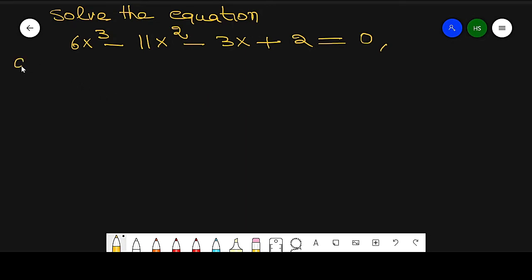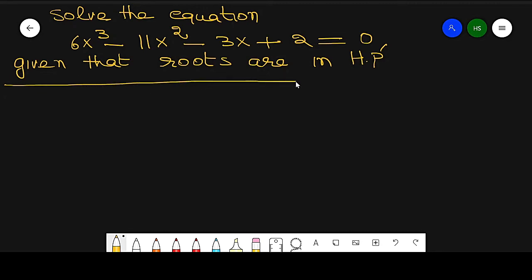Given that the roots are in HP, harmonic progression. So we know that if roots are in HP, then the reciprocals of these roots are in AP.